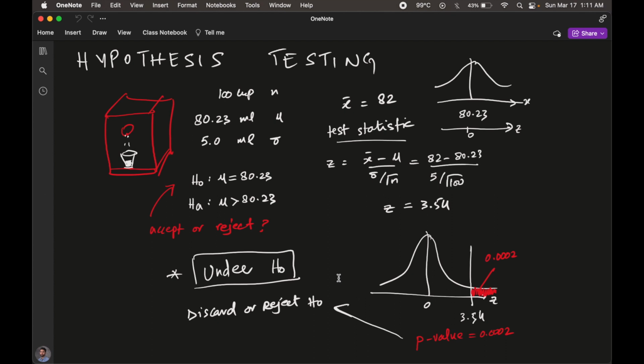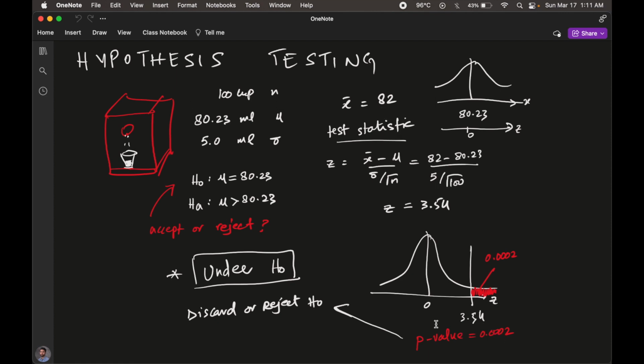We accept or reject the base case, and that depends on what we observe and what the test statistic gives us out, and then it gives us a certain probability or likelihood of that observation being a coincidence. Turns out that is not a coincidence. There's very low probability this is a coincidence.